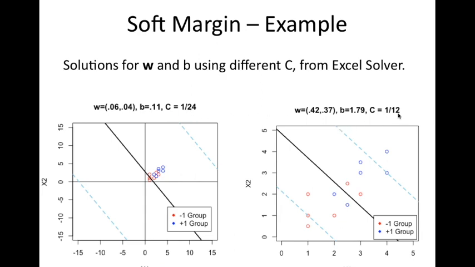Here's C equals 1/12. This was the default value that I saw recommended in most places, which is 1 over n, and here n is 12 points. This looks much better than that, obviously. The classifier is sort of right in the middle here.